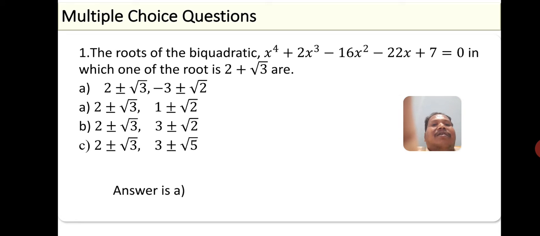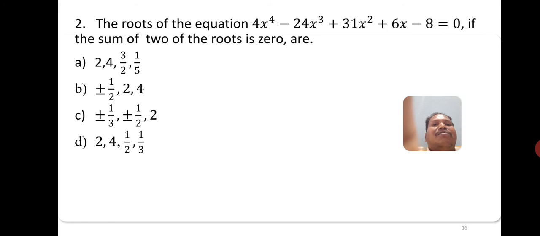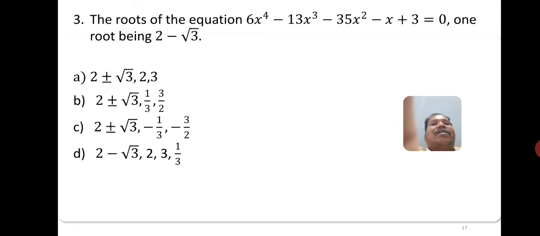The solution is A. Second one, the roots of the equation 4x power 4 etc minus 8 equals 0, if the sum of two of the roots is 0. The option is B. Next, the roots of the equation 6x power 4 etc plus 3 equals 0, one root being 2 minus root 3. The option is C.